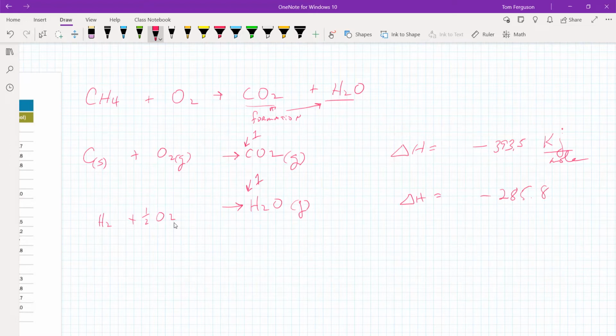Okay, now we need the opposite formation of methane. Notice that's positive rather than negative.